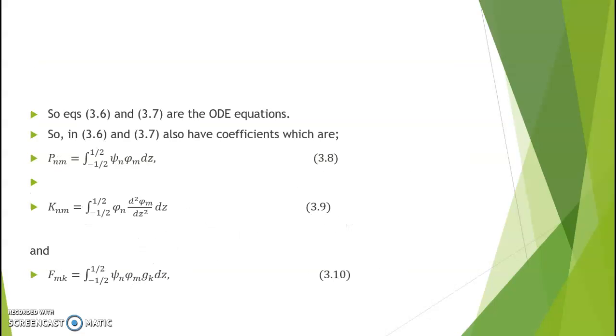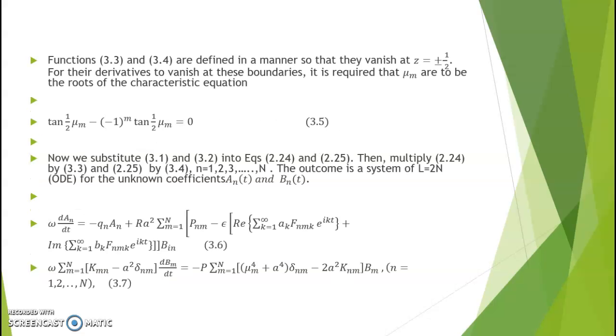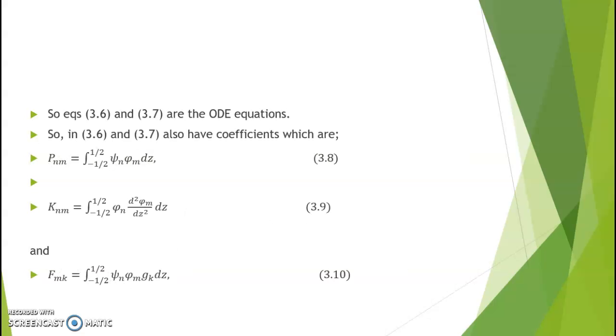So equations 3.6 and 3.7 are ODE equations. Then these are the coefficients in 3.6 and 3.7, which are given in the journal.